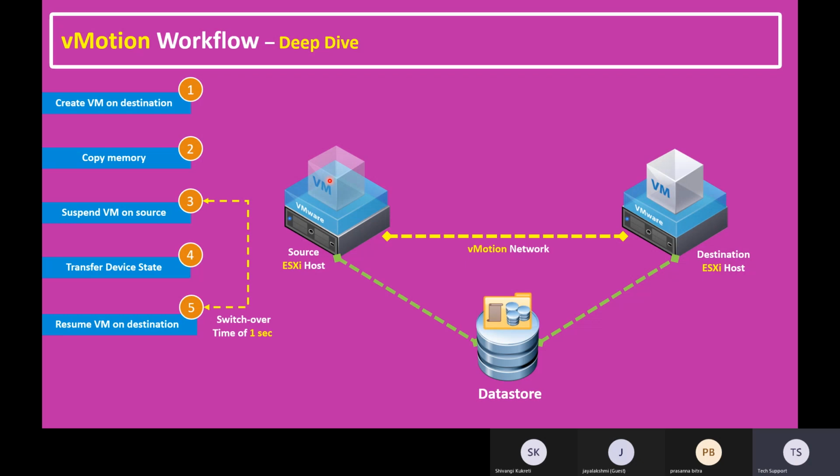Usually the switchover time from source to destination is only 1 second. Once it is copied, the VM disappears here. The VM on the source is powered off and completely removed from the source. It will start activating from the second host. All this process we can finish within a second.